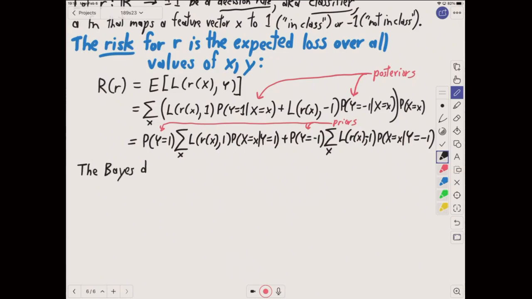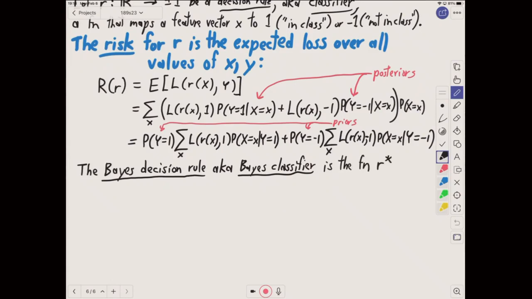Now, we can apply this risk to any decision rule, but we're particularly interested in the decision rule that minimizes the risk. And that's got a very special name in statistics. It's called the Bayes decision rule. Sometimes it's also called the Bayes classifier. And that is the function, the decision rule, I'll call it R star, that minimizes the risk.